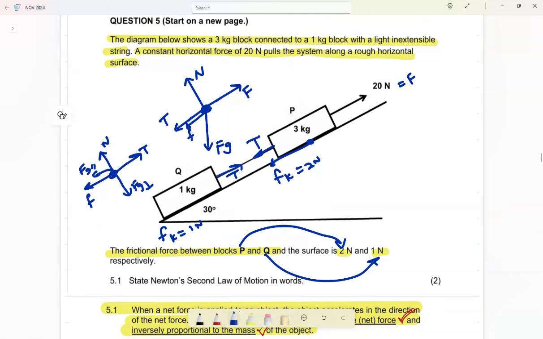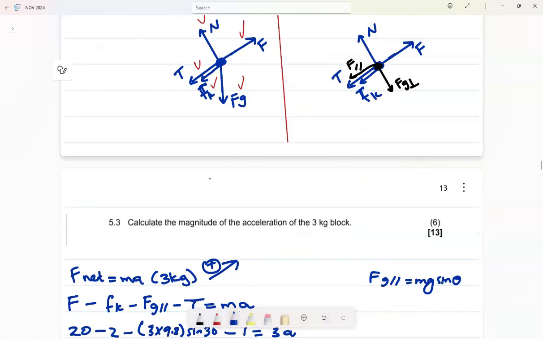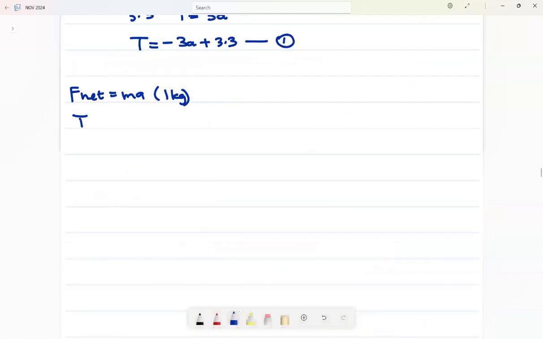So I can remove this. Now I'm focusing on those acting horizontally. It's going to be tension moving upwards. We still choose this as positive. So tension moving upwards minus frictional force minus Fg parallel is equal to Ma.